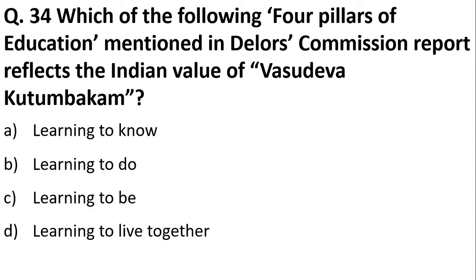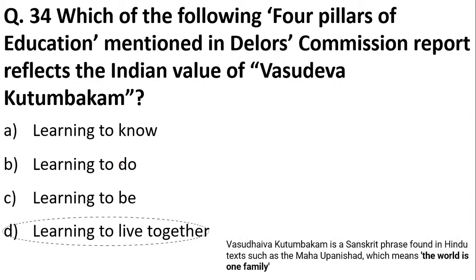Which of the following four pillars of education mentioned by the Delors Commission report reflects the Indian value of Vasudeva Kutumbakam? It means Vasudeva Kutumbakam is learning to live together. Vasudeva Kutumbakam is a Sanskrit phrase which means the world is one family.